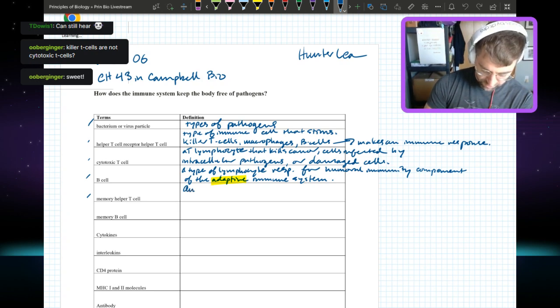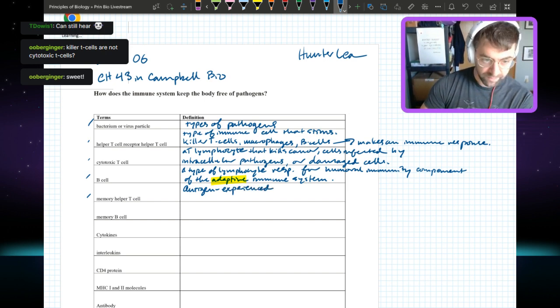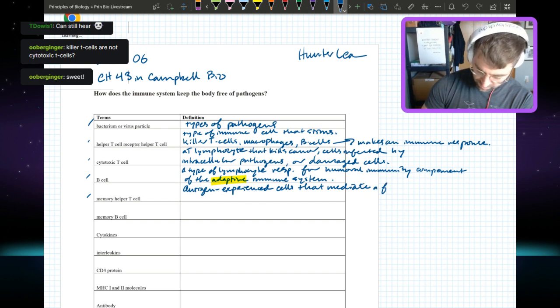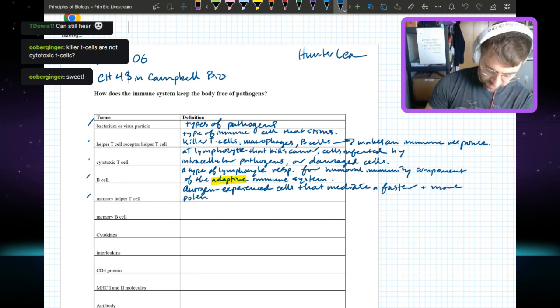So, antigen experienced cells that mediate a faster and more potent immune response to a pathogen.